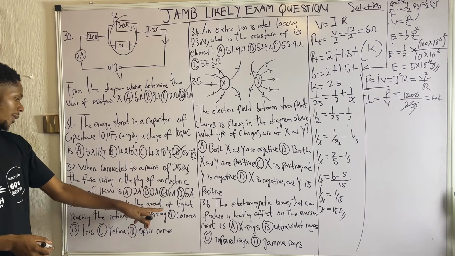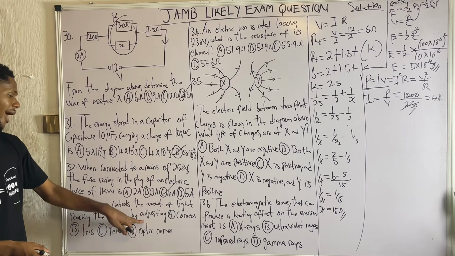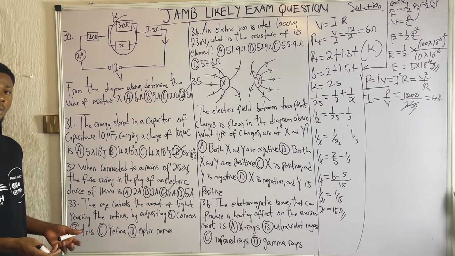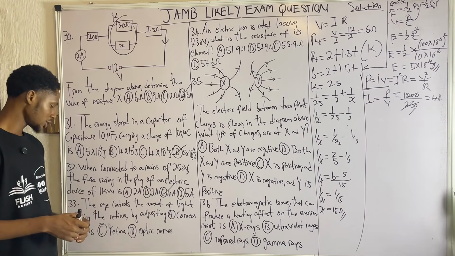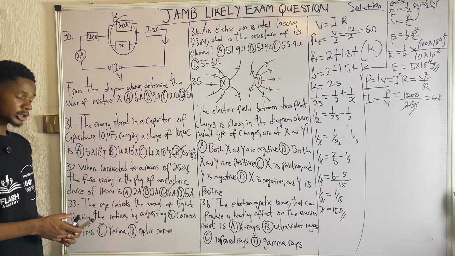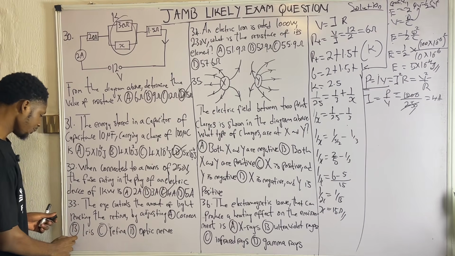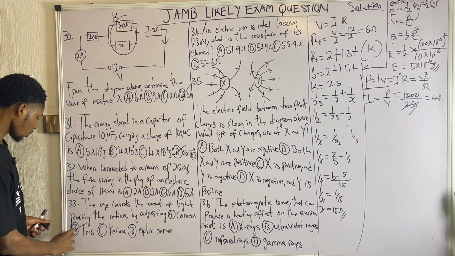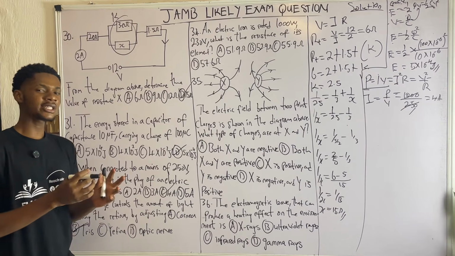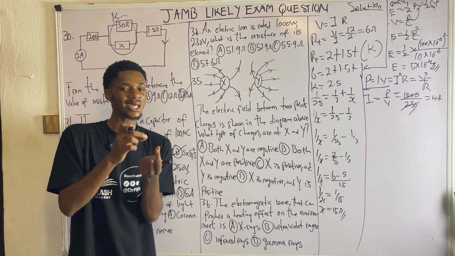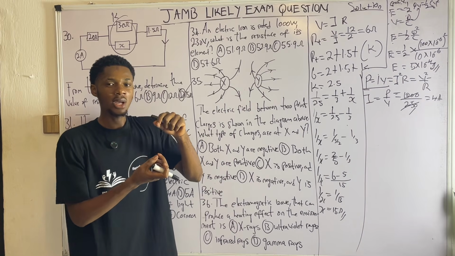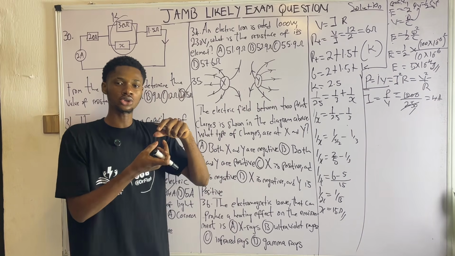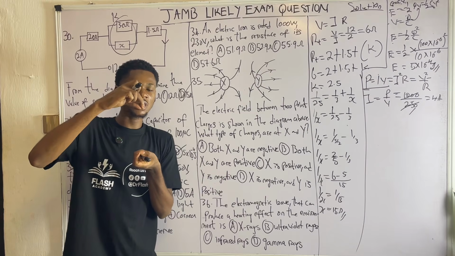The eye controls the amount of light reaching the retina by adjusting what? This is a very popular question in optics. I also have a video where I taught the eye and optics, so ensure you watch it. The correct answer is the iris. Take note, the iris is not a structure; it is an opening, the aperture of the eye, and it is controlled by the ciliary muscles, which expand or contract to change the size of the iris.